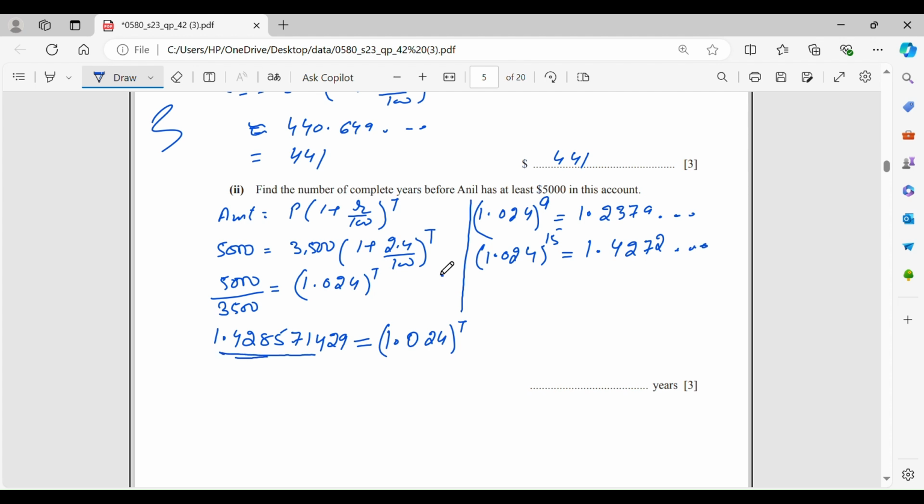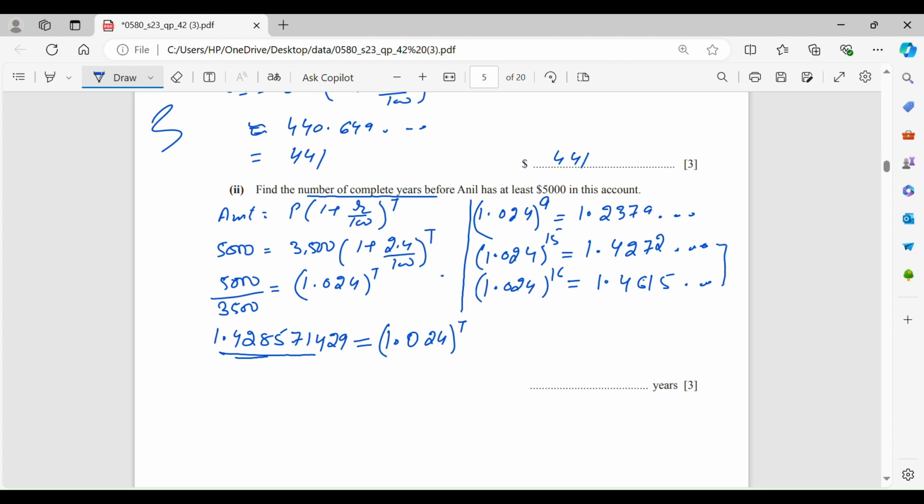So let's take 16 also. 1.024 raised to the power 16 is equal to 1.4615. We have to find the number of complete years, so the time will be between 15 and 16 years. So we will take 16 years, right?